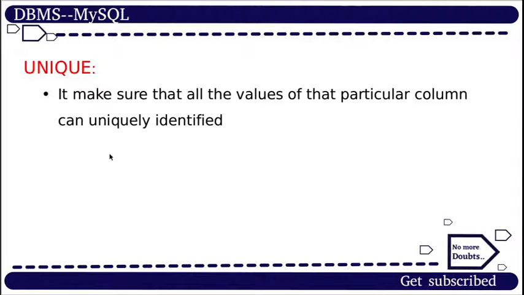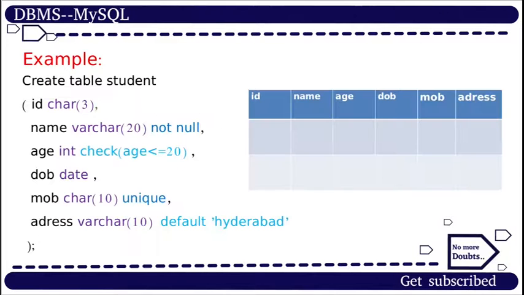Next we will see unique constraint. These unique constraints make sure that all the values of that particular column can be uniquely identified. Let's see in the example, I said mobile number as unique. Of course mobile number will be definitely unique for every person. To avoid more than one person having the same number, we use this unique constraint.